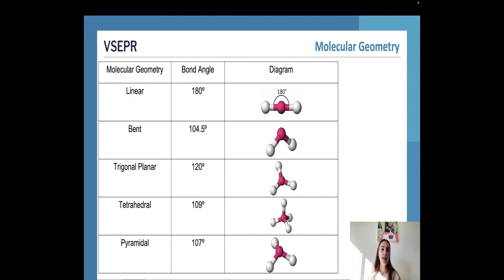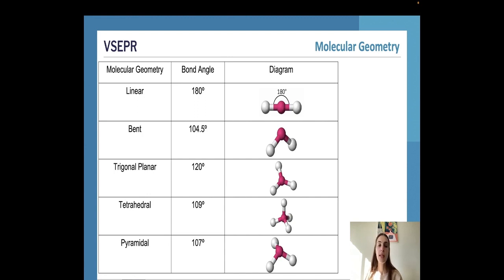Our next one is tetrahedral. Tetrahedral has a 109 degrees bond angle, and that's because, much like our linear and our trigonal planar, there's no presence of a lone pair.